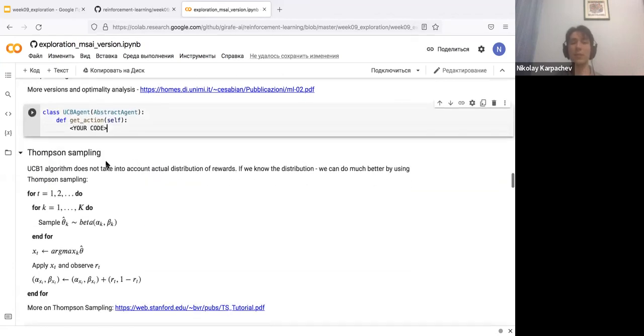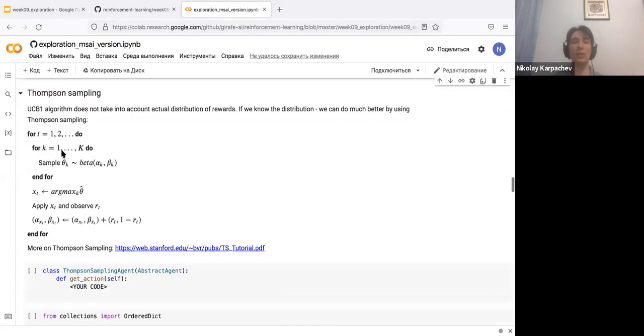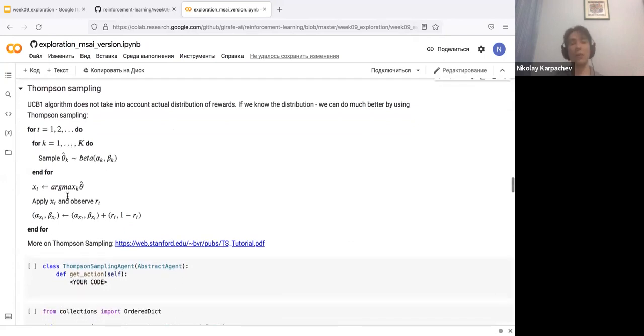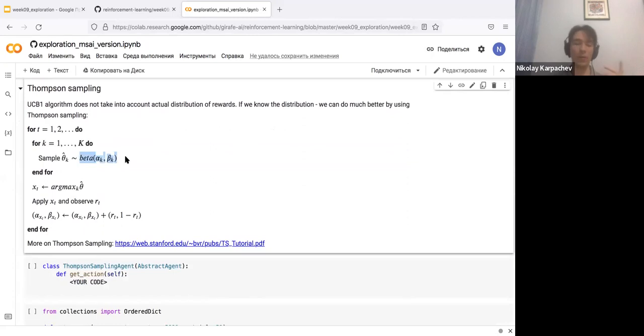So that's UCB. And the final thing here is Thompson sampling. Here the main idea is that Thompson sampling is done from a Bayesian perspective, and we sample from the posterior distribution, which is a beta distribution. I don't want to go into much detail about why the beta distribution is used.